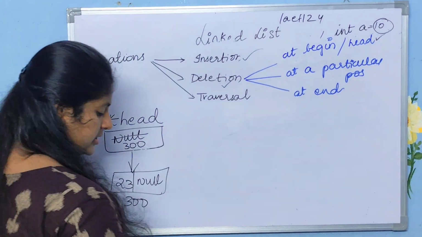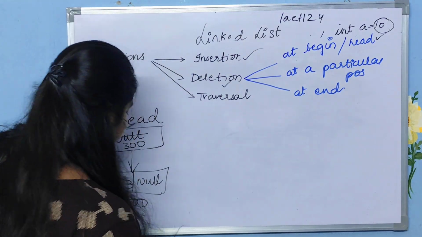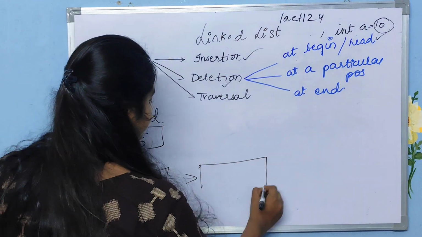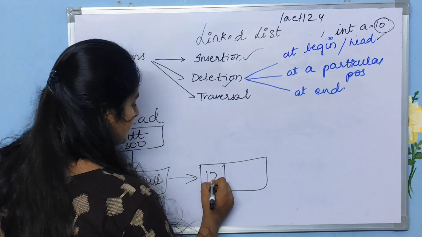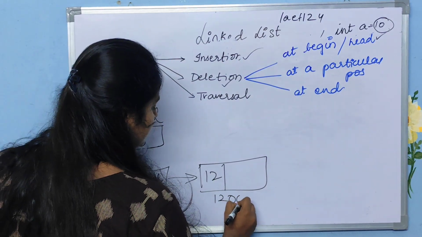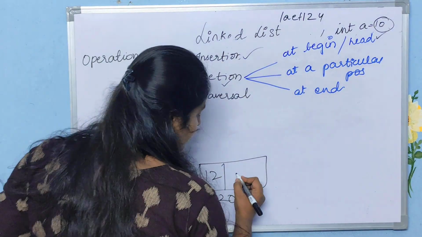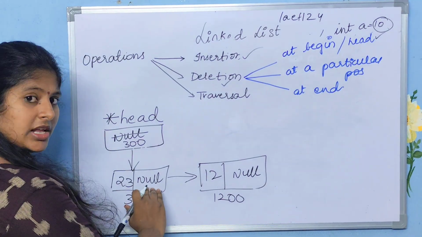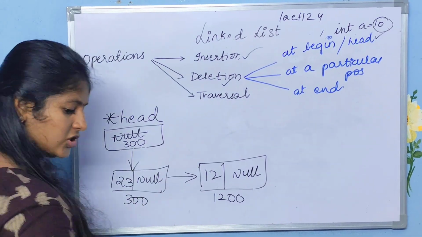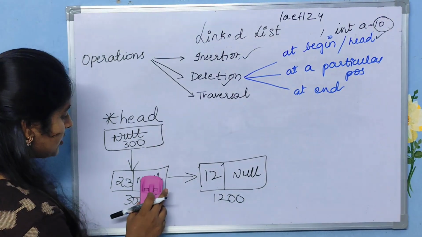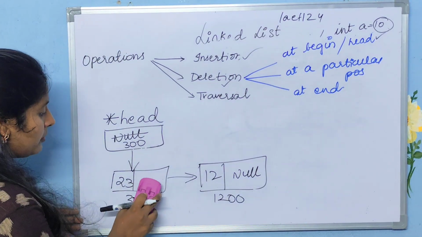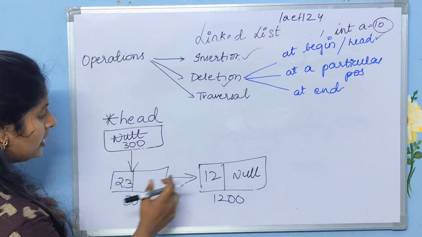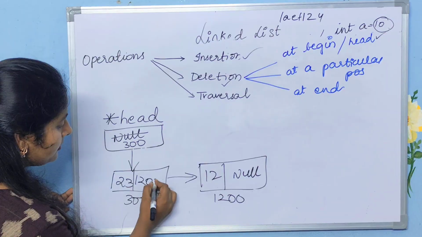After this, I've started writing elements. My next element is 12 and my address location is, for example, 1200. So my next part is null. Initially it was null, but after establishing connections, 23's next part will be pointing to 12's address. What is 12's address? 1200.